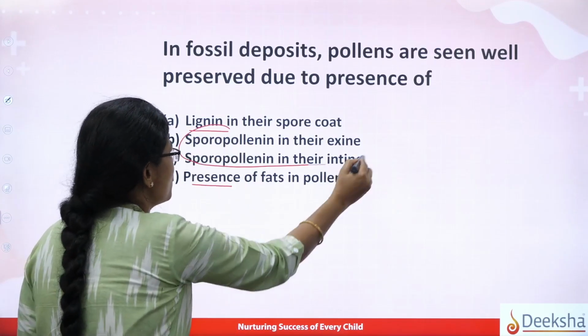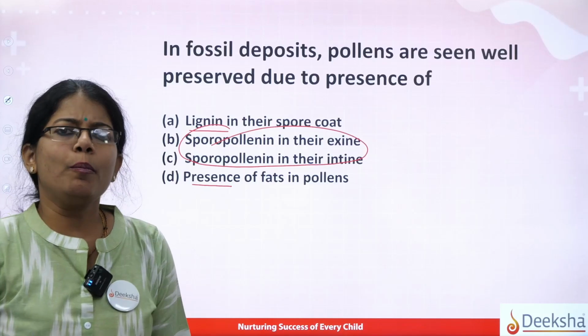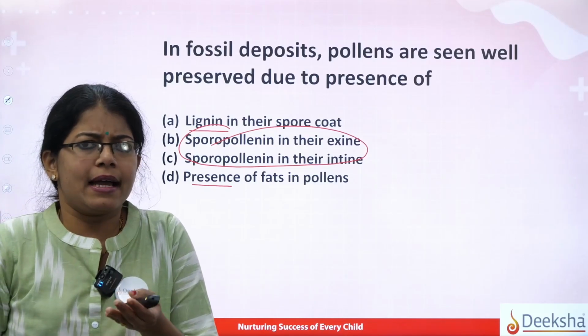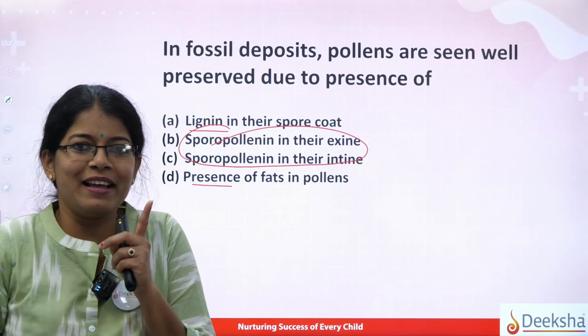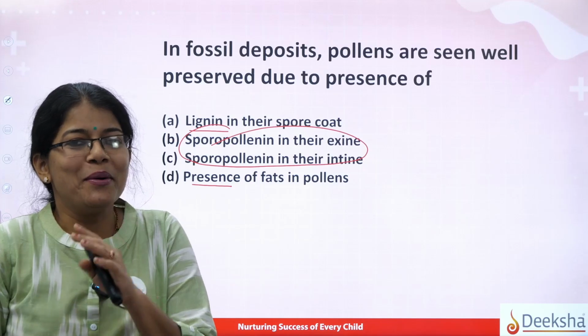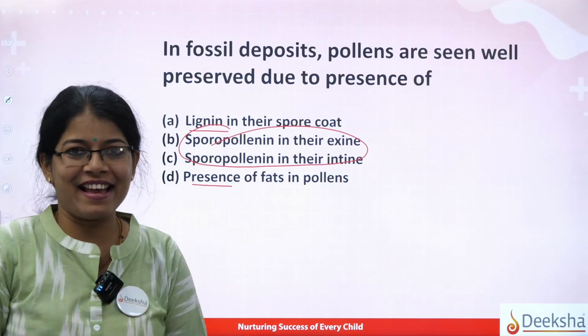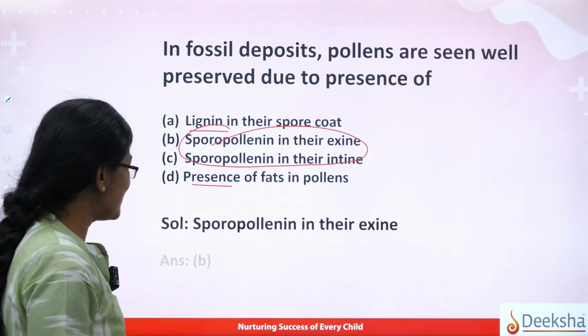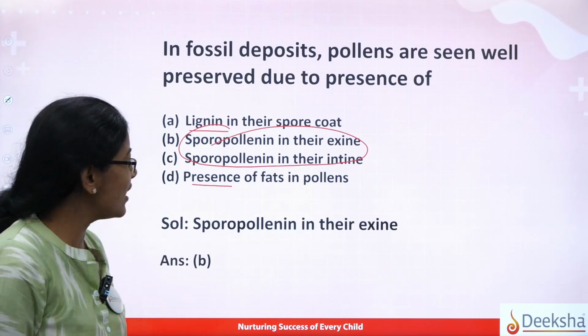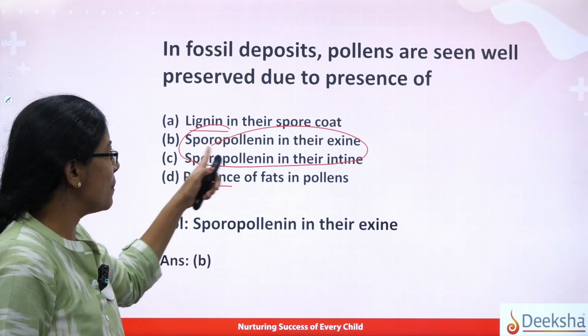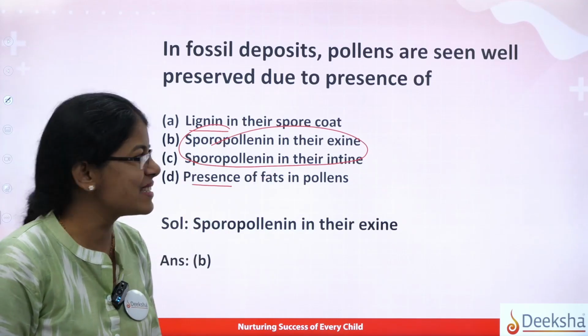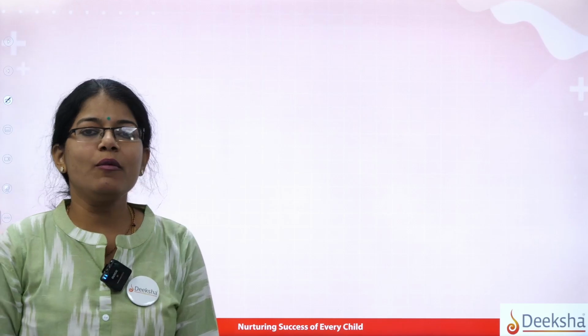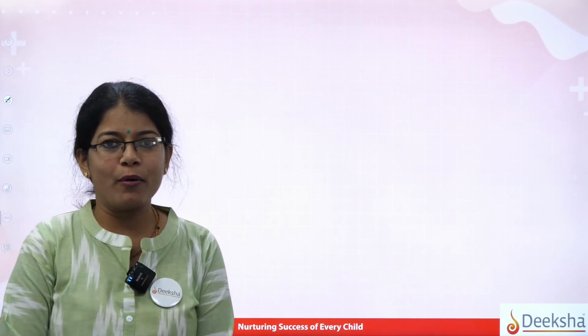The tie-up is between these two, right? Where was sporopollenin, exine or intine? Not intine, right? No, students, it was present in the exine region. So the answer here is sporopollenin in the exine region, option B, sporopollenin in the exine. So these were the very important questions about the pollen grain.